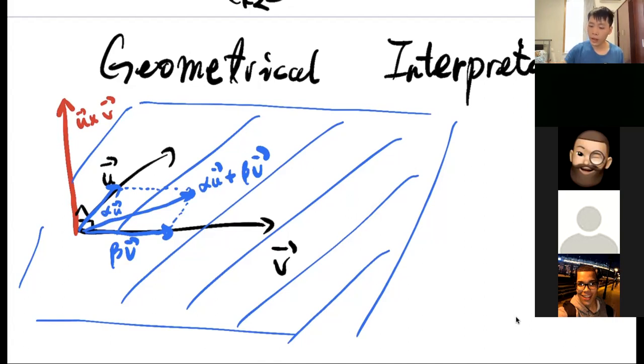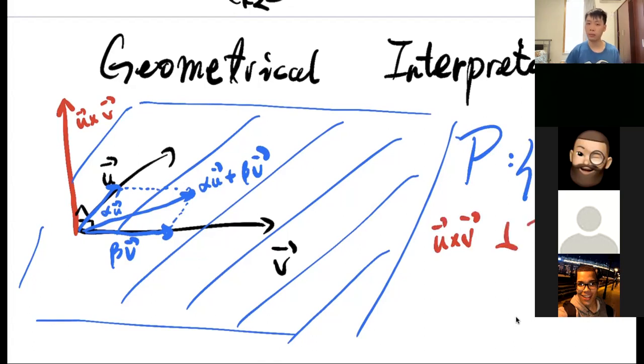So the plane is represented by the span of u and v. And the cross product is perpendicular to this plane P.